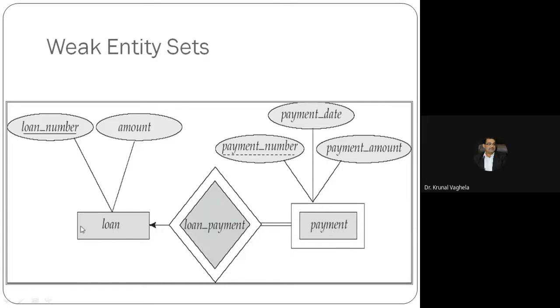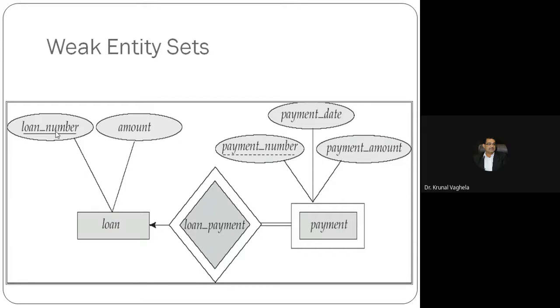But if I relate this with a strong entity set where loan number is unique. Are there two loans with the same loan number? Now if I relate this, what is the new primary key?